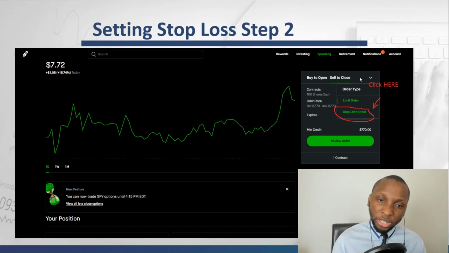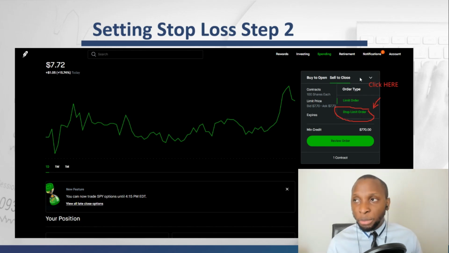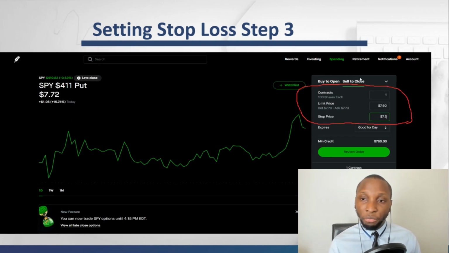What is the difference between limit order and stop limit order? Typically, a limit order will only be triggered to sell, because in this case we want to sell if it falls below a certain price, right? The other order is the stop limit order, which gives more flexibility, because in this specific case, it gives you the possibility to sell off if the price falls within a certain range.